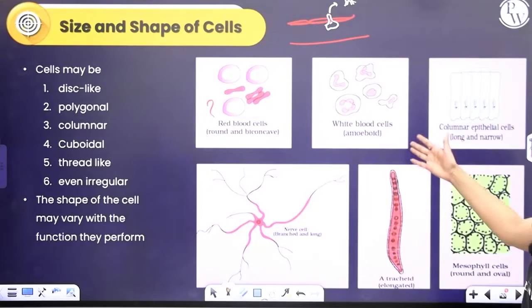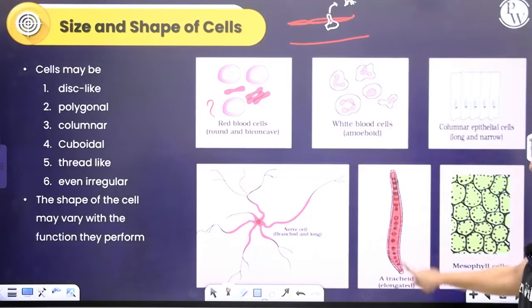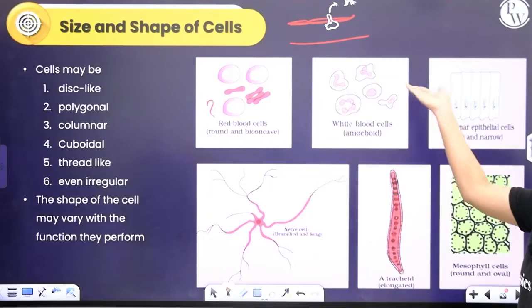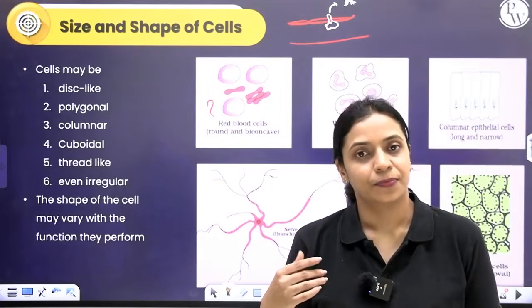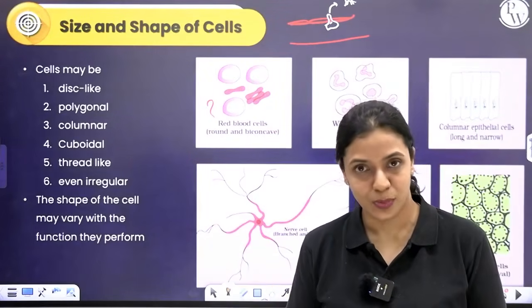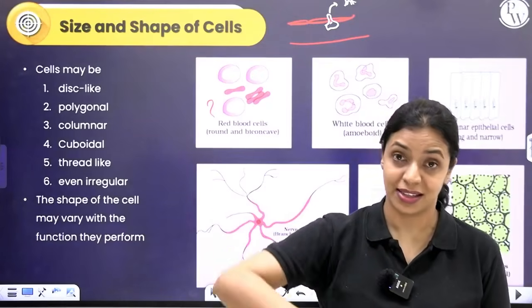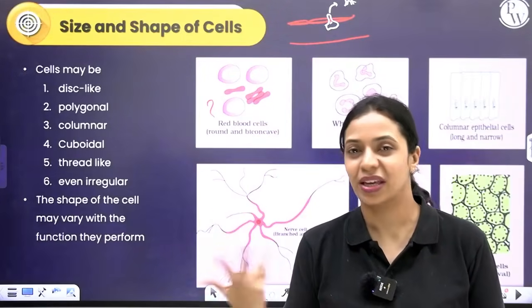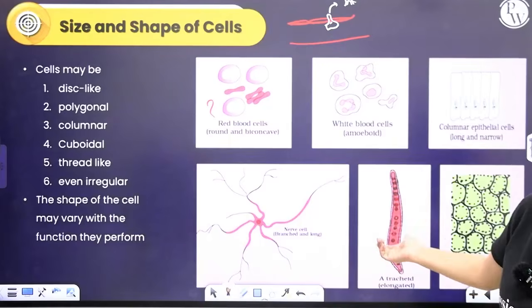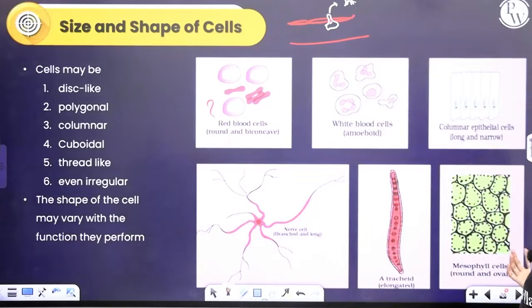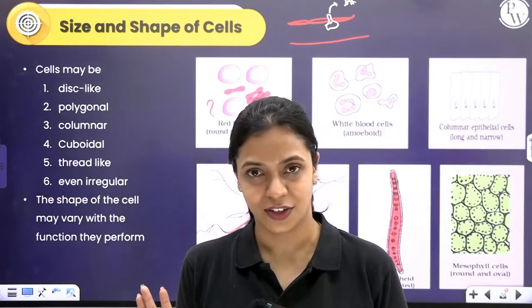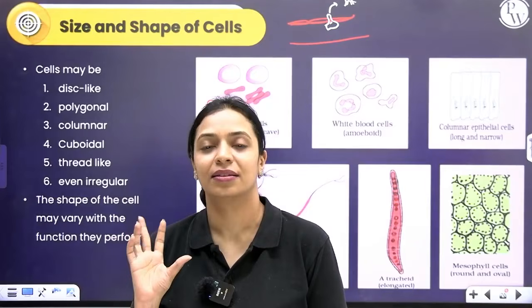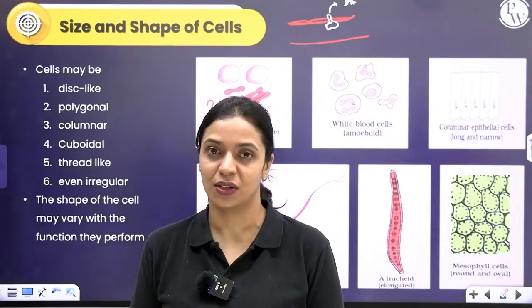Long tracheids or trachea for that matter, and it's empty inside because that helps in xylem transport. If it was a living cell and it was very short, there would be a lot of resistance for transport of water happening through xylem against gravity along long distances. To ease that whole thing out, they have this shape. And mesophyll cells are round and oval, have a lot of chloroplasts because they have to perform photosynthesis. So the shape of any cell is the way it is, not because it likes that shape, but because that shape helps that particular cell function more efficiently.